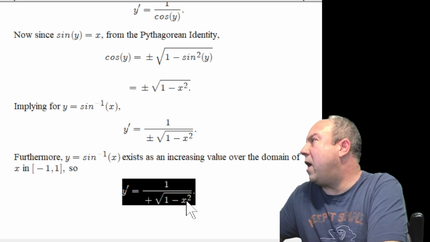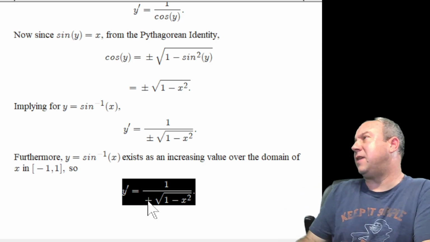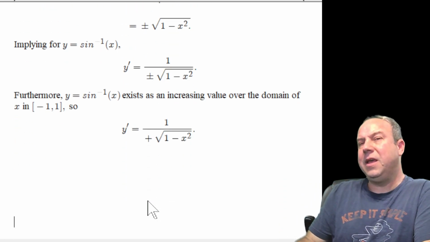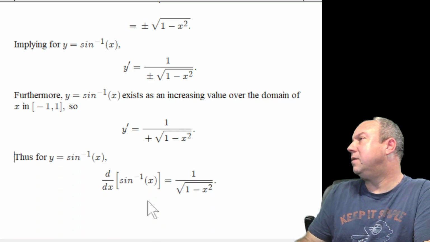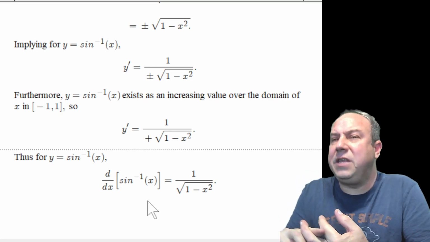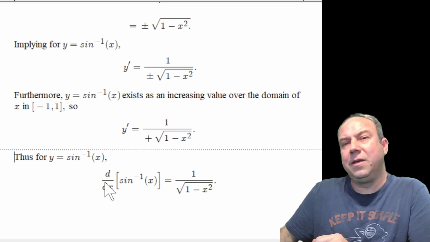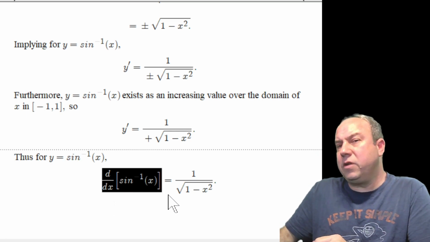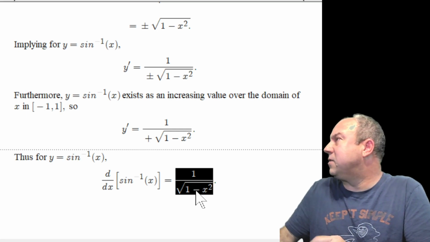So in the end, y prime can be said to be equal to 1 over the square root of 1 minus x squared. And that becomes the derivative result that we see for the inverse sine function. The derivative result for the inverse sine is 1 over the square root of 1 minus x squared.